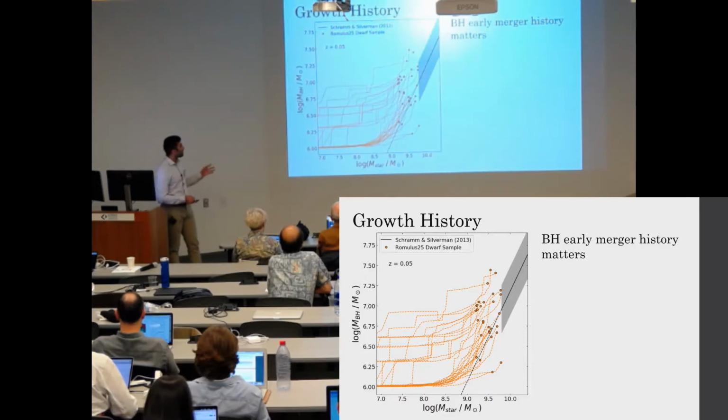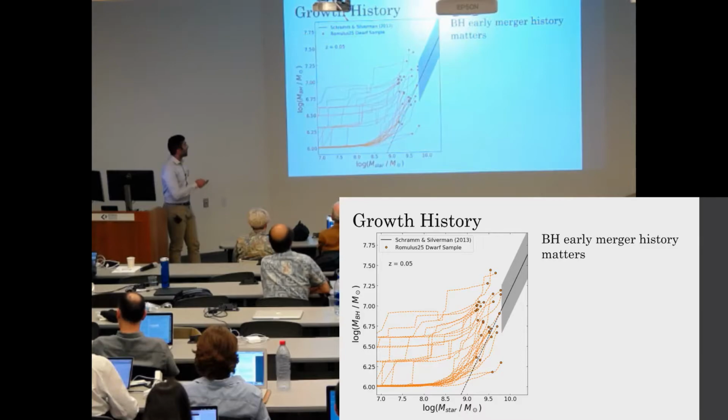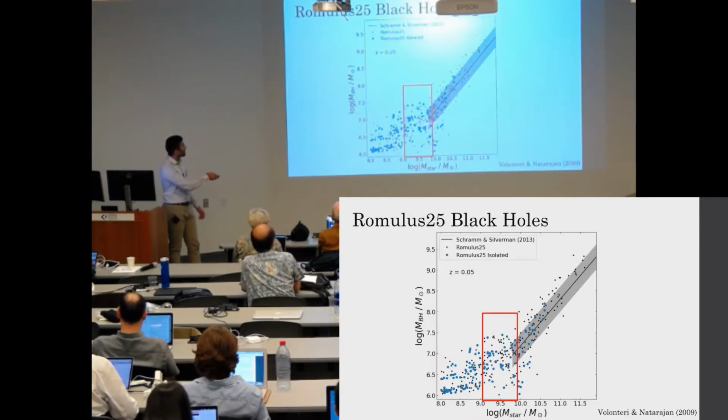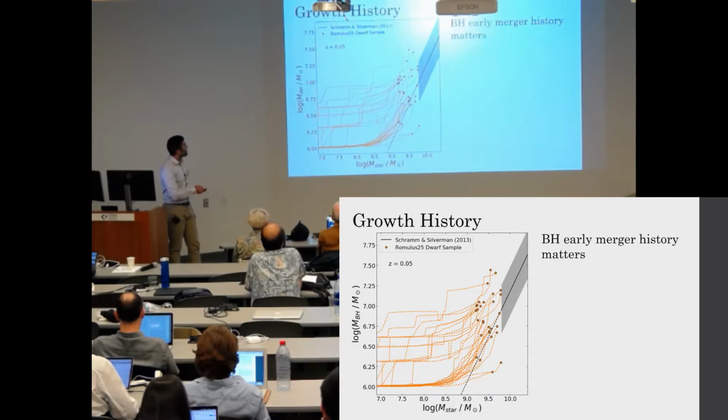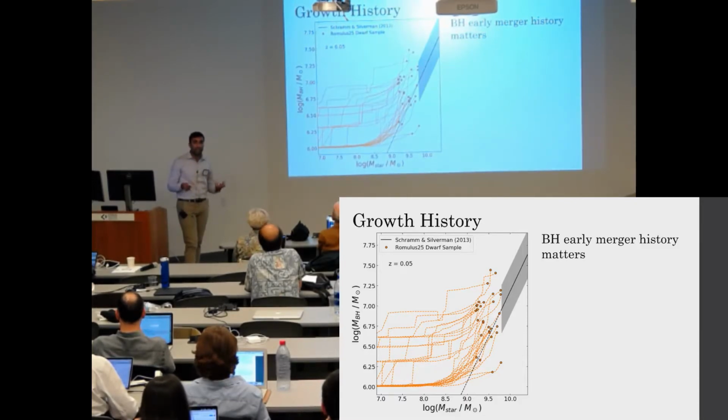One thing that we're able to do in Romulus is to track the growth histories for the black holes and for their host galaxies. What I have plotted here are those same galaxies that I had boxed over here, just the isolated galaxies. What I find is that the early merger history of the black hole seems to matter.